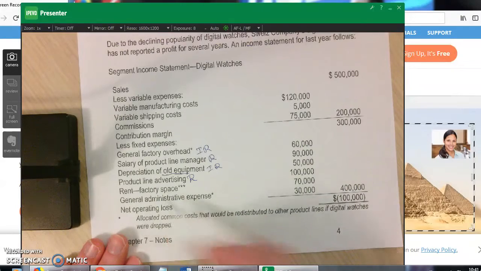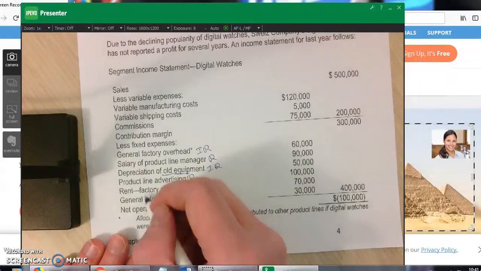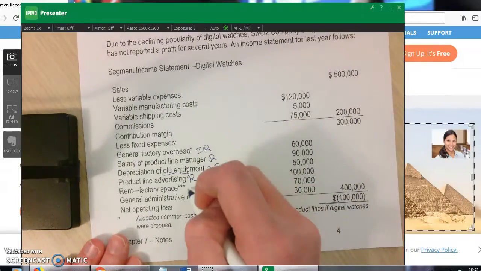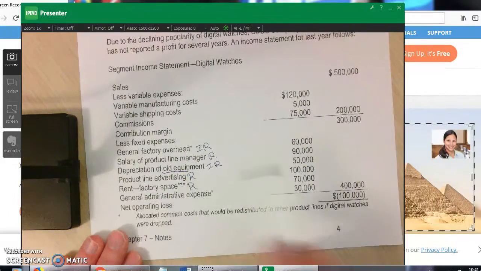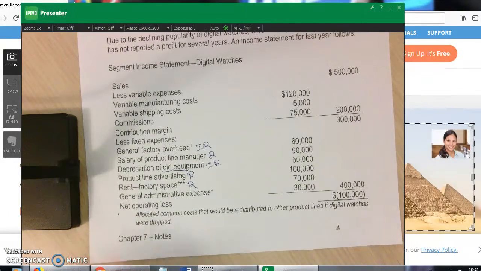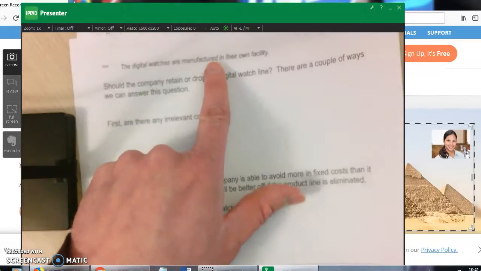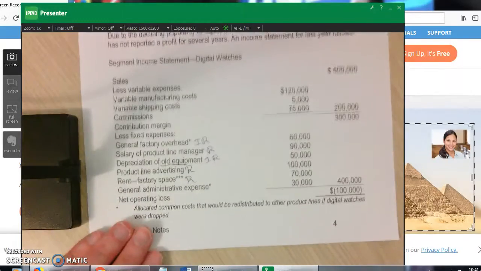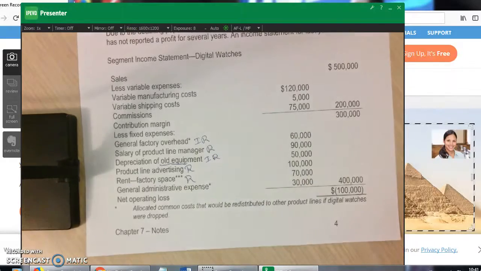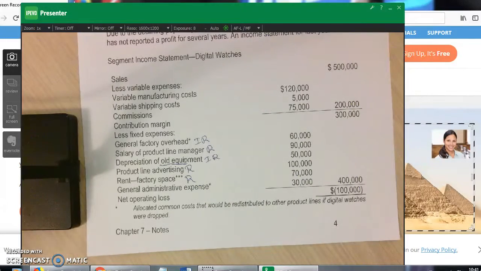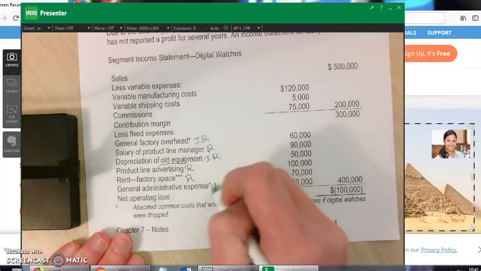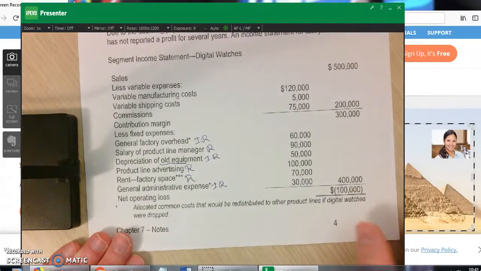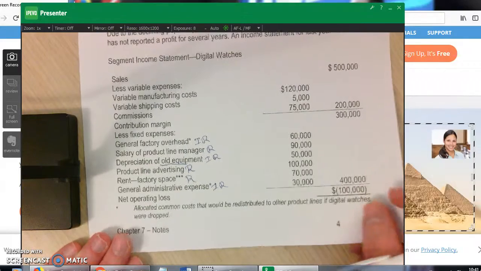And then finally, our rent on our factory space, if we drop the product line, we no longer have to pay rent on this factory space. And you can see it's got the 3 asterisks. And if you look on the next page, it says that means they manufacture it in their own facility, which means, of course, that if we drop this product line, we can get rid of the rent on the factory. Then our general administrative costs, that's another allocated common cost, that is also irrelevant. It will just be shifted to the remaining product lines.